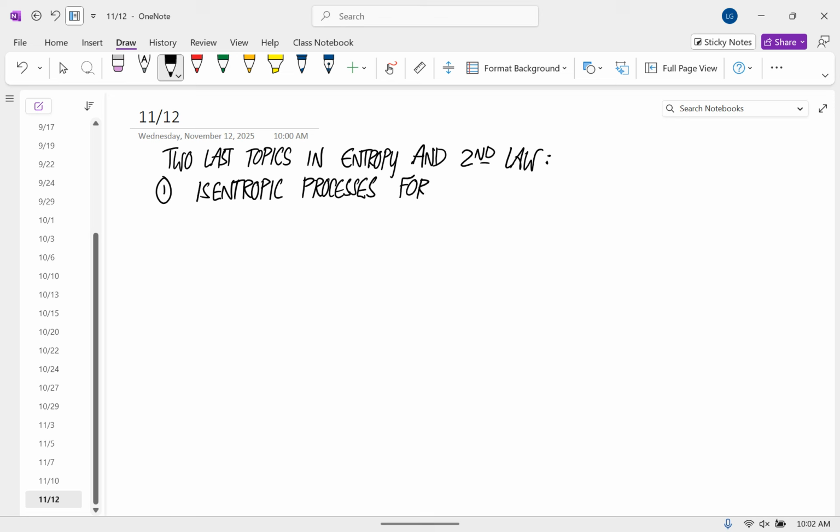And we're only going to do this for ideal gases. So what does isentropic mean? No change in entropy. Iso means same. And the second one is, let's see, what do I call it? The second law for control volumes.